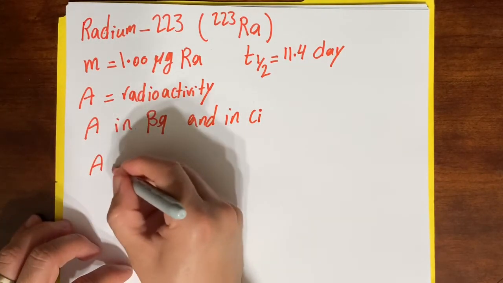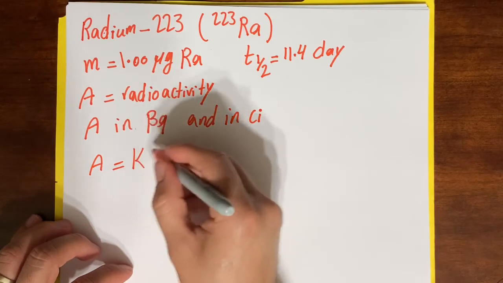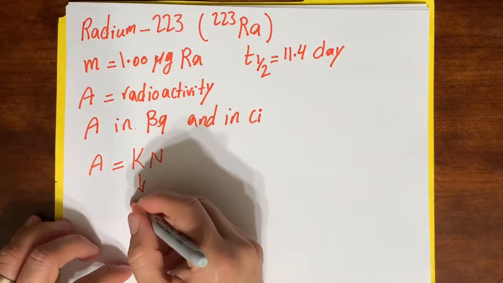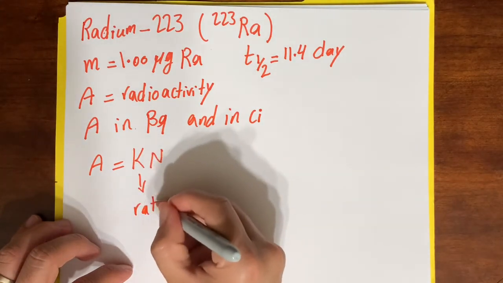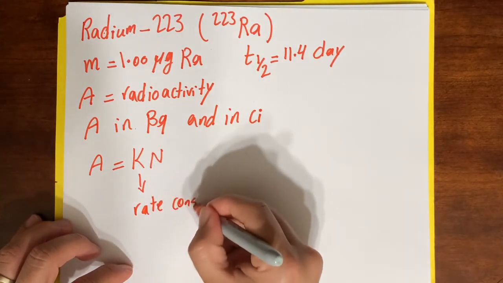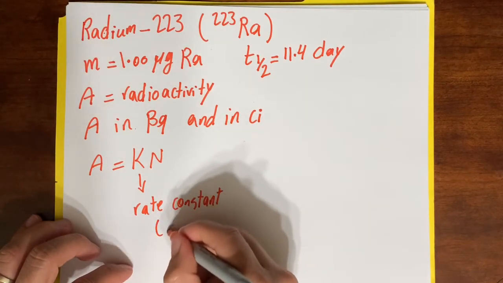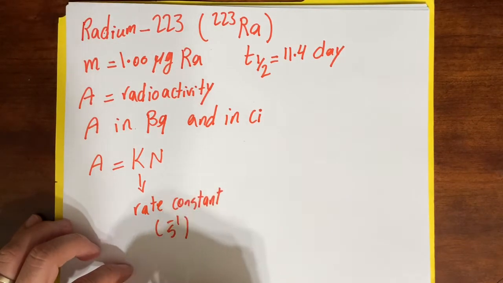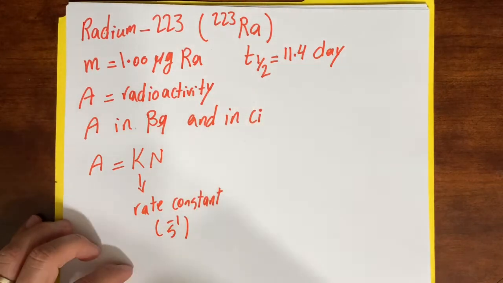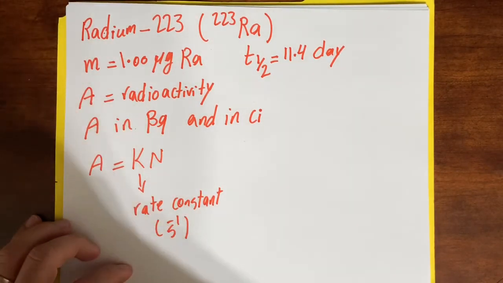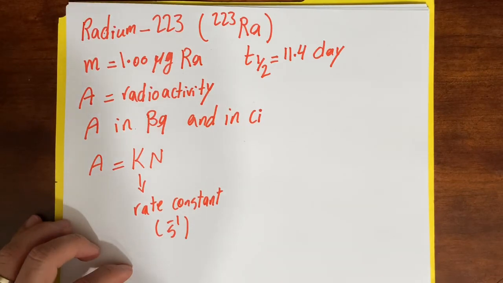A is equal to K multiplied by N, and K is the rate constant, which has a unit of s minus 1. For first order, the unit is minus 1, and we are talking about the decay of a radioactive compound, which is first order.